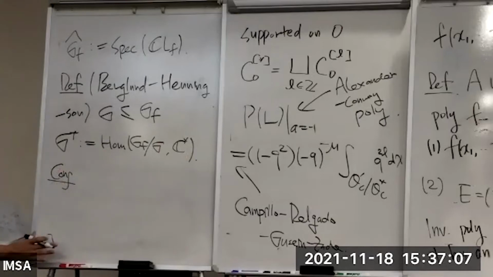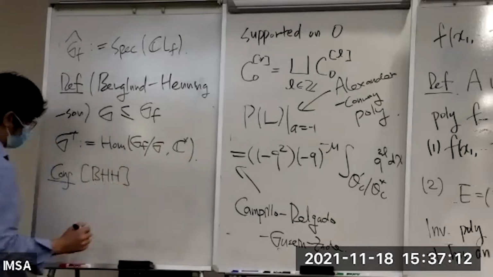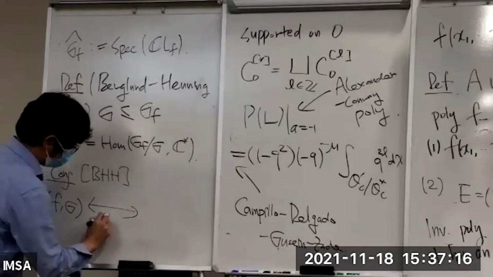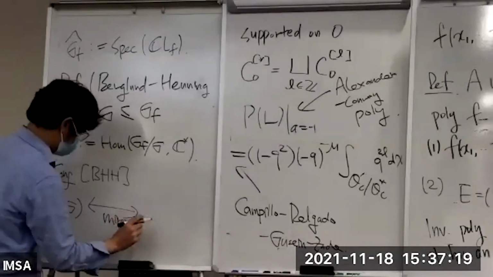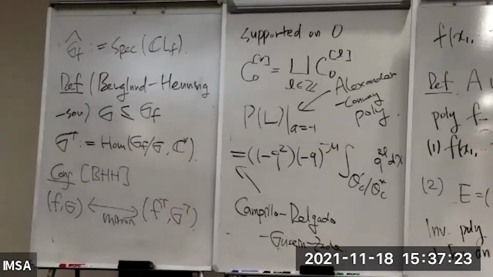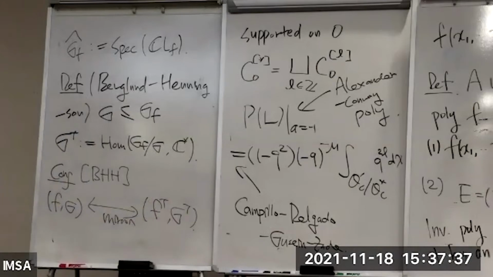Because there is a mirror symmetry conjecture, saying that this (F, G) is mirror to this (F^T, G^T). So there is mirror symmetry for invertible polynomials. And the claim, by some physical reasoning, is that this (F, G) is mirror to this transpose polynomial. Let me just ask you a few things.